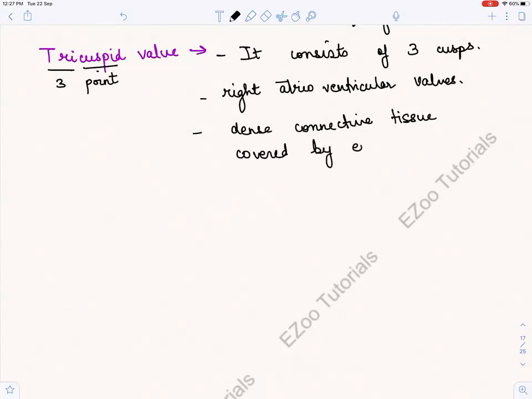Can you see these tricuspid valves? Can you see these right atrioventricular valves, right? It is composed of dense connective tissue, and they are held together by these chordae tendineae, which are anchored in the heart through papillary muscles, right? Now let us see something more about the right ventricle.